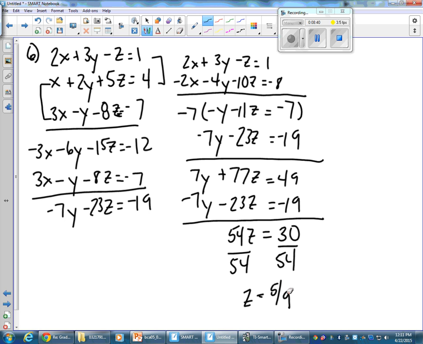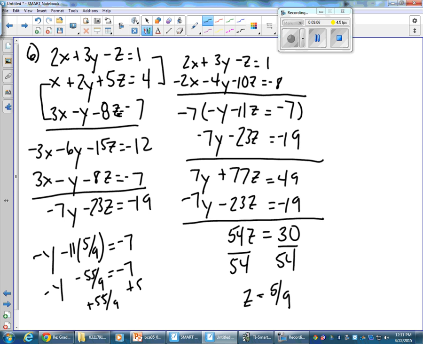All right, if z is 5/9, then I'm going to go back up here to one of these equations and plug in z. I can do the top one here. -y minus 11 times z equals -7. So that's -y minus 55/9 equals -7. Add 55/9. Now, guys, you've got a calculator.